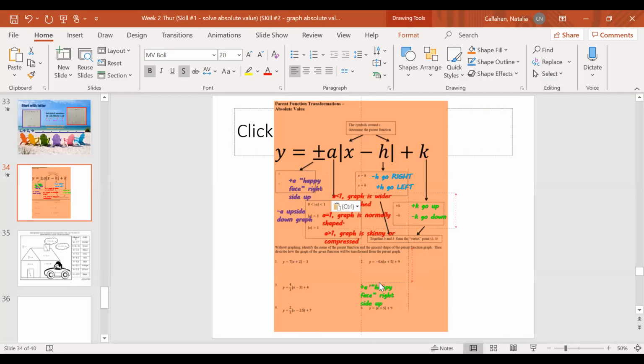if I were to do question, let's say number 3, I would say that you're going to go up 4 units. You're going to go 3 units to the right. It is going to be a happy face V-shaped graph.